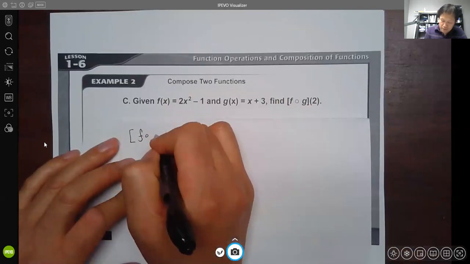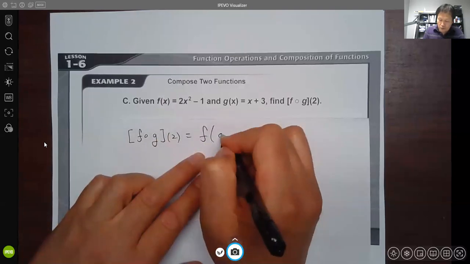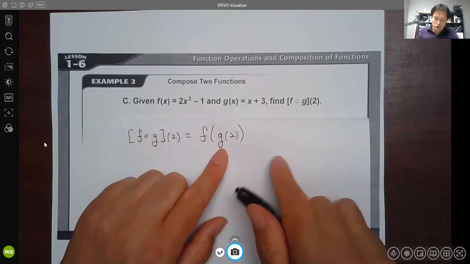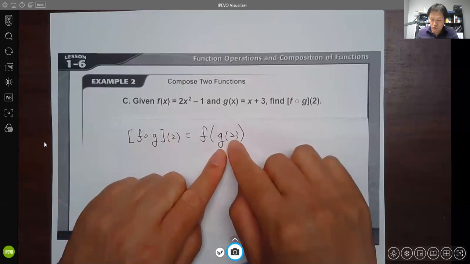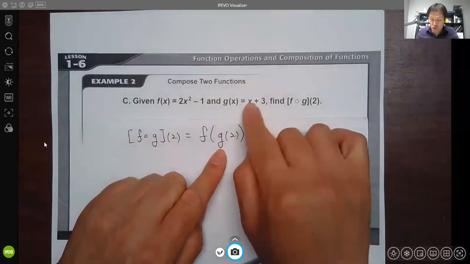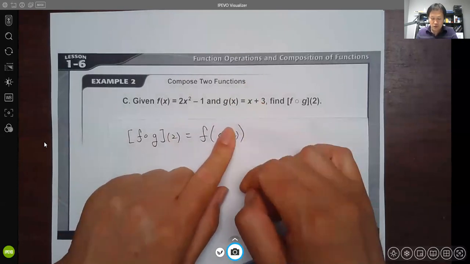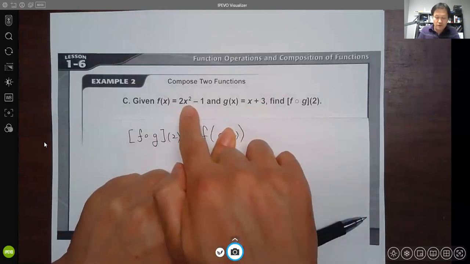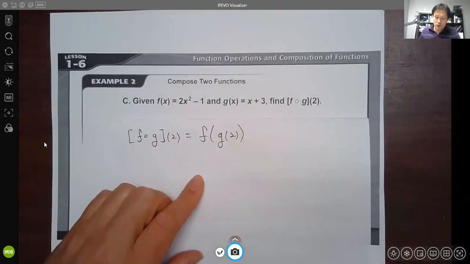Here is the way you can do it. That's the same as f of g of 2. My point is, you can calculate g of 2 first. Plug in 2 for x in g. 2 plus 3 is 5. Now you feed 5 to f. Plug in 5. 5 squared is 25, times 2 is 50, minus 1 is 49. So you got the answer of 49.